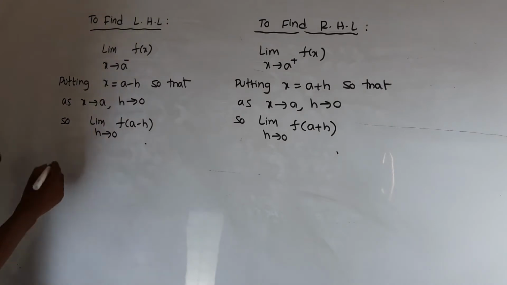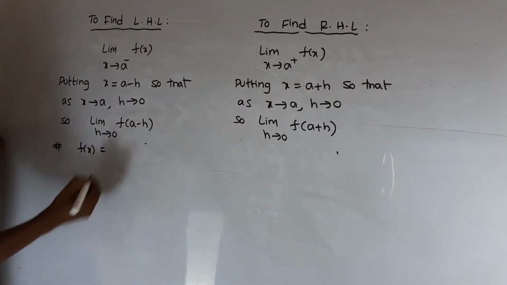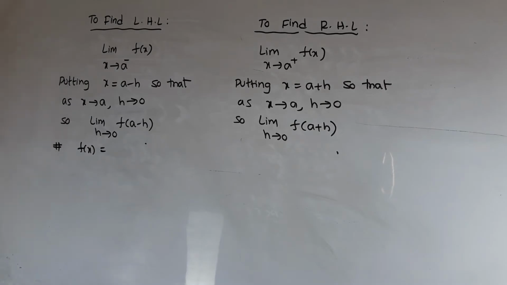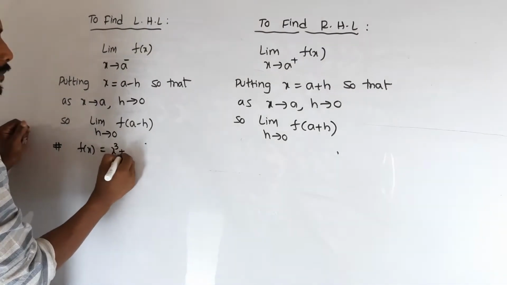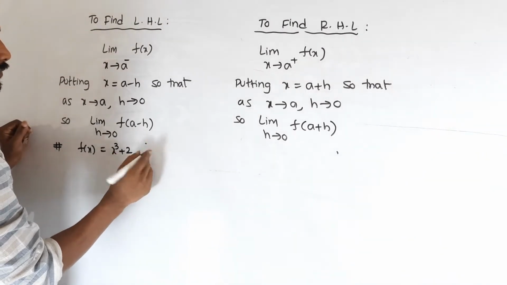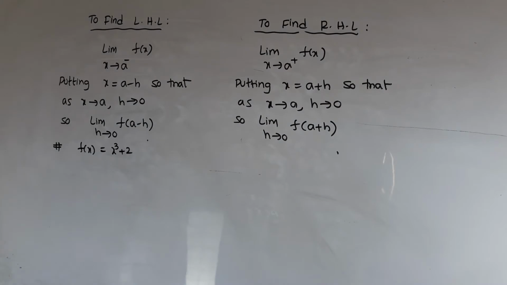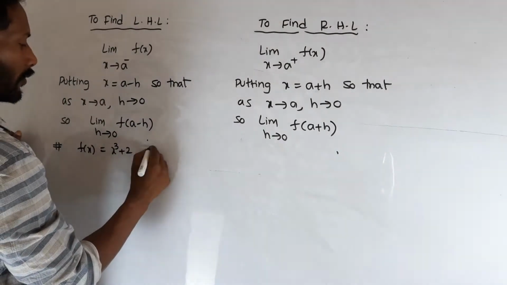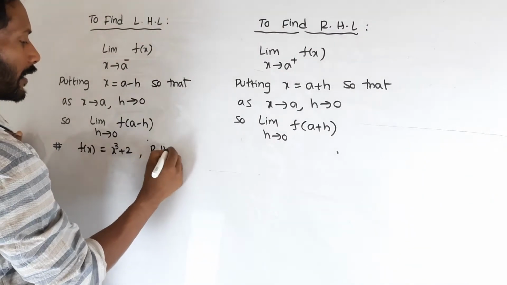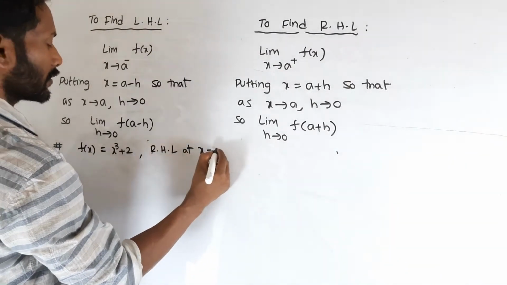Small example. f of x equals x cube plus 2. Now find the right hand limit at x equal to 4.